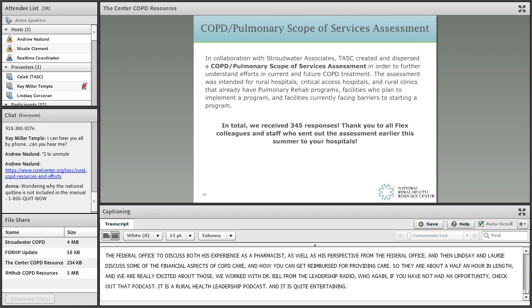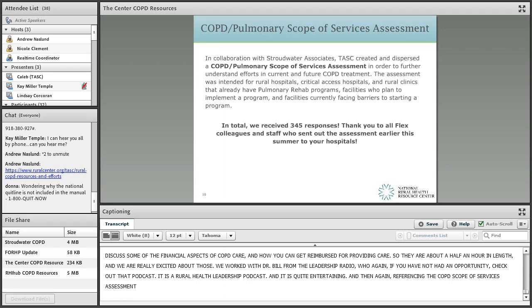And then, again, reference the COPD Pulmonary Scope of Services Assessment. We really, really appreciate your guys' support as Flex coordinators in disseminating this assessment.